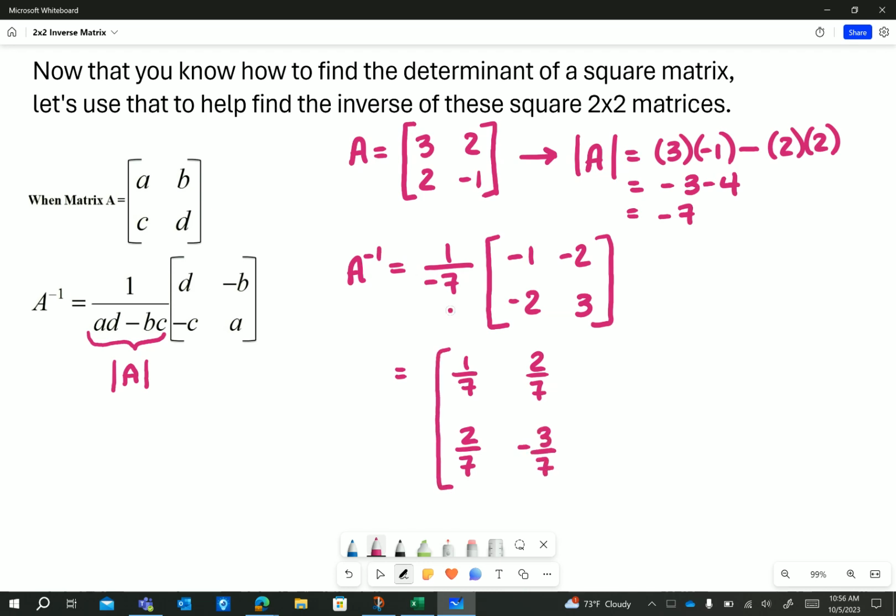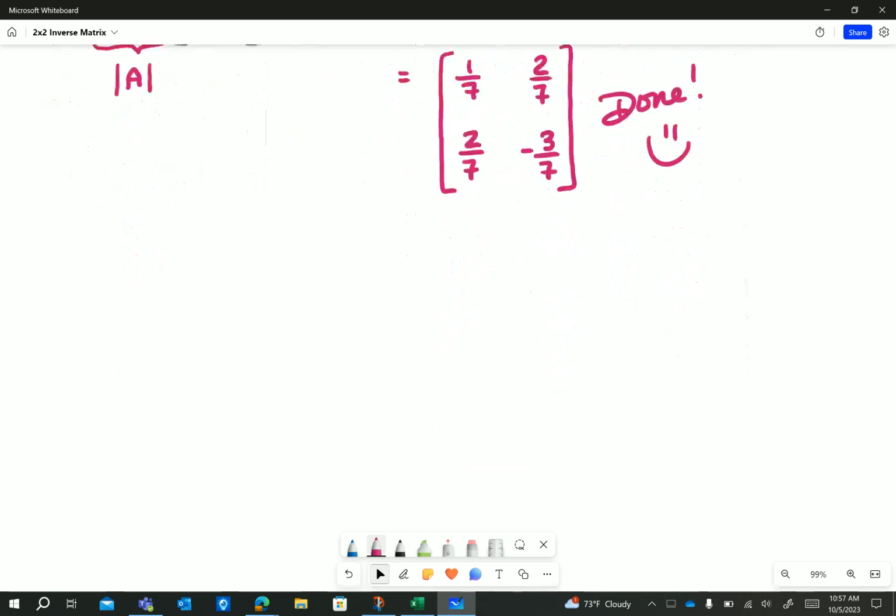And I will close off, and you are done. So much easier than doing augmented matrix. Okay, so that's number 1 on that page that you're working alongside with me. Let's go do number 6, and then the remaining problems you will do on your own.